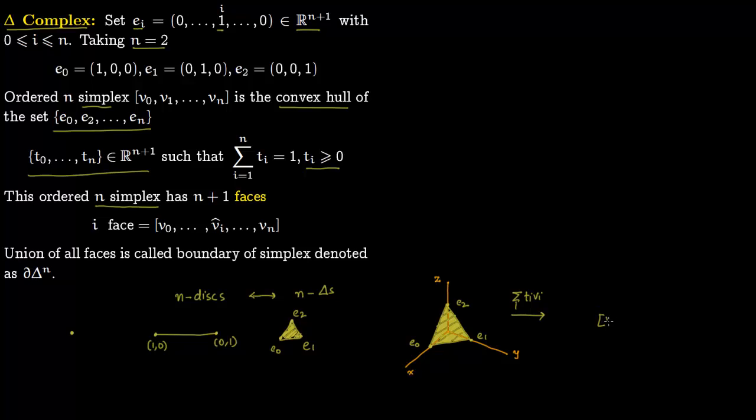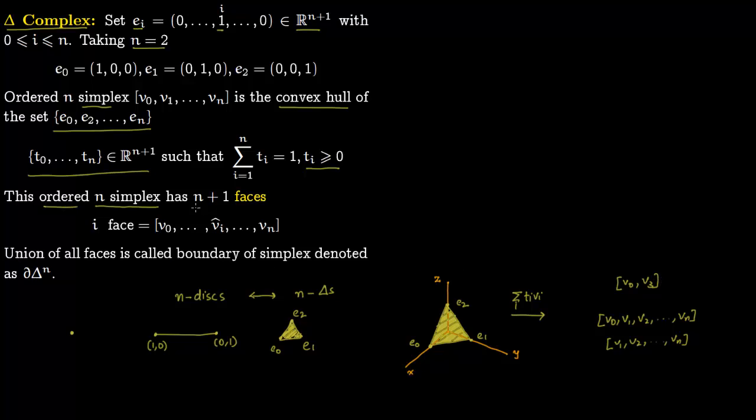You always put the vertices in order, small to large. If vertex V0 is not there, you write V1, V2, all the way to Vn. Or if you just have two vertices, say V0 and V3, you always order them from small to large. So you have an ordered n-simplex.